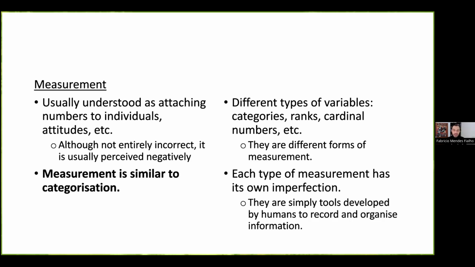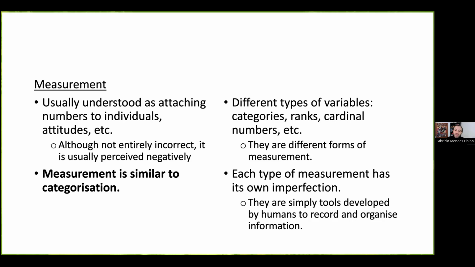So measurement is just a way to help our human brains organize information, right? Back to this example of males and females, in measurement lingo, this would be called nominal measurement, right?